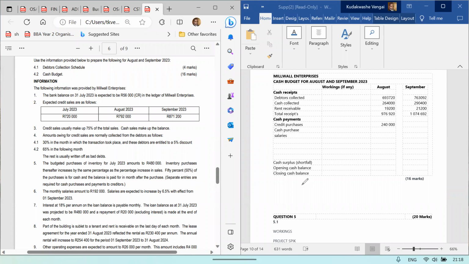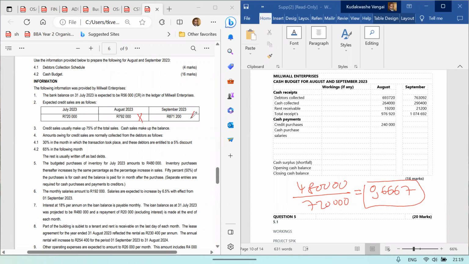We're saying 480 is our purchases in July, whereas 720 is our sales in July. So this means that the ratio is 0.6667 and so on.